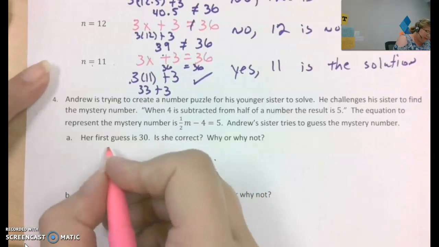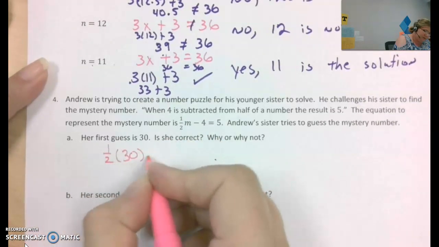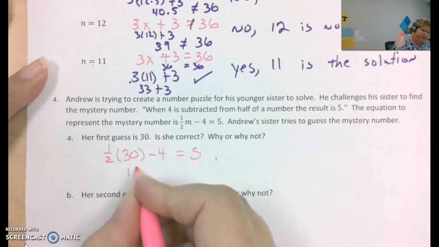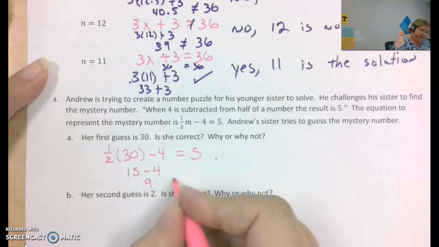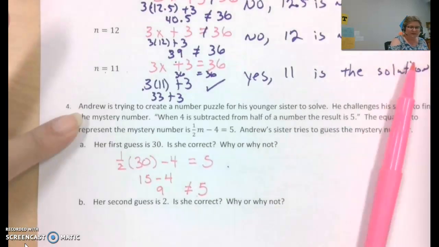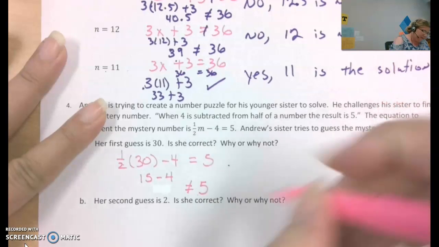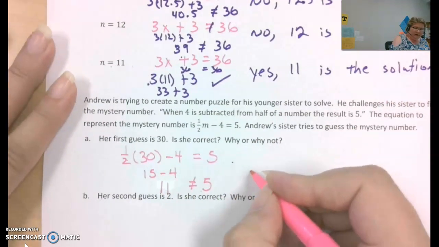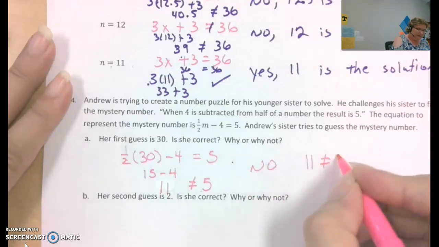So our first guess is 30. So let's substitute 30 in place of the mystery number and see if we get 5. Half of 30 is 15. 15 minus 4 is 9, which is not equal, I'm sorry, that's not 9, that's 11. But it's still not equal to 5, so no. And the reason is because 11 is not equal to 5.